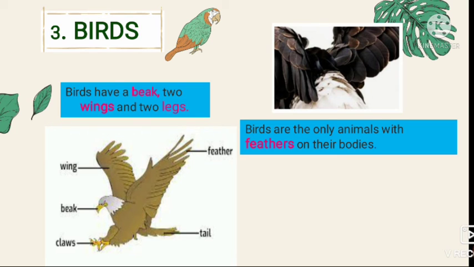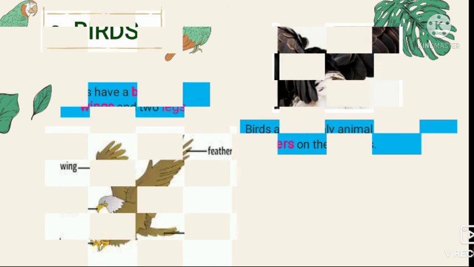The other characteristics are that birds have a beak, have 2 legs, and have a pair of wings, and also feathers all over their body. So once you find an animal that has a beak, wings, and legs, you can classify it as a bird. And if you find an animal with feathers on it, you can classify it as a bird.